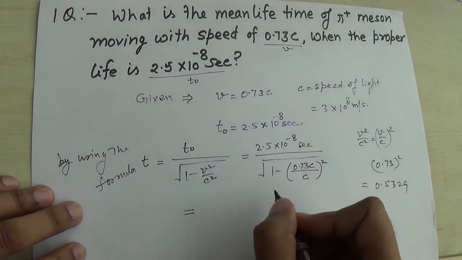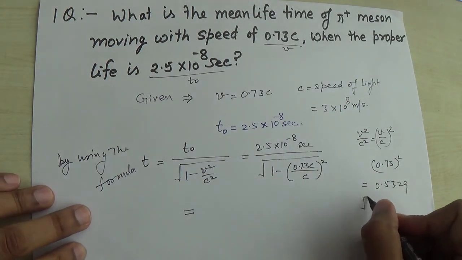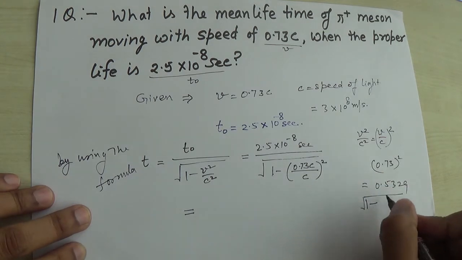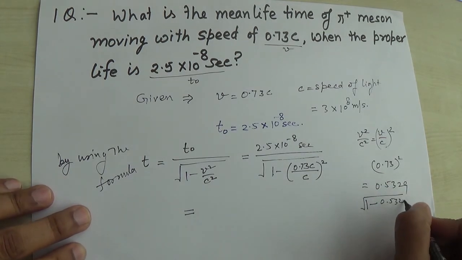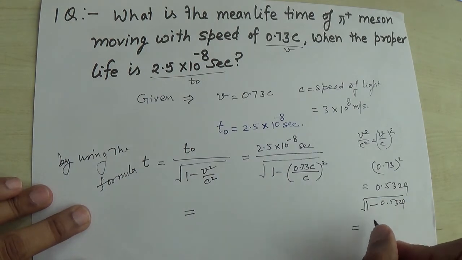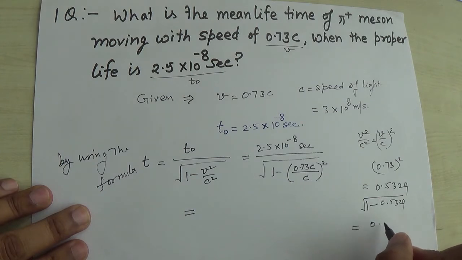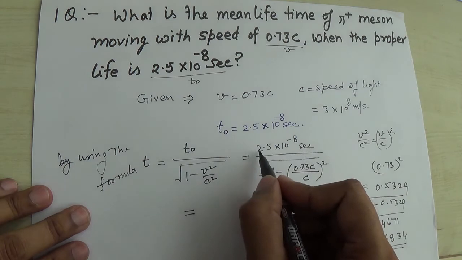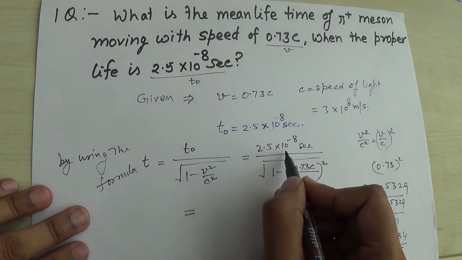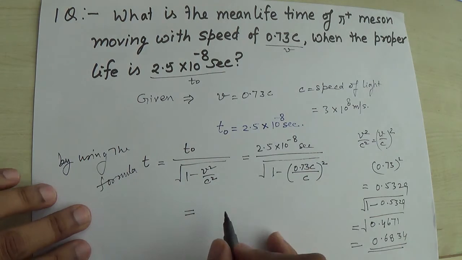So I am putting this value here, that is square root of 1 minus 0.5329, and further that becomes 0.4671, square root of it, and the result is 0.6834. So the square root of this factor is equal to 0.68, and I have 2.5 into 10 raised power minus 8.